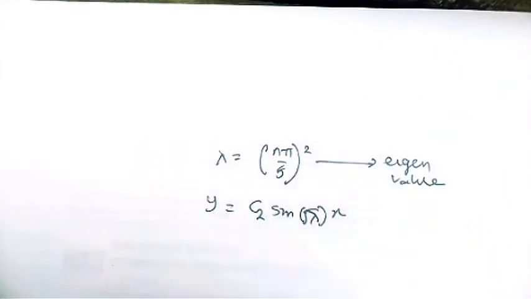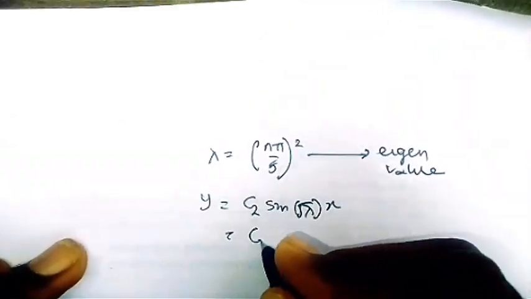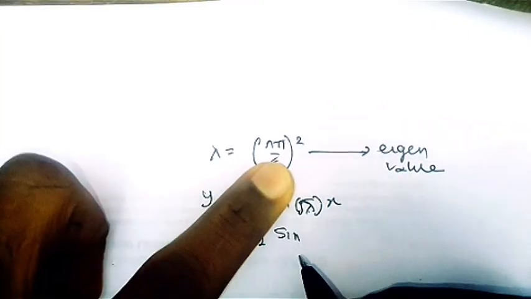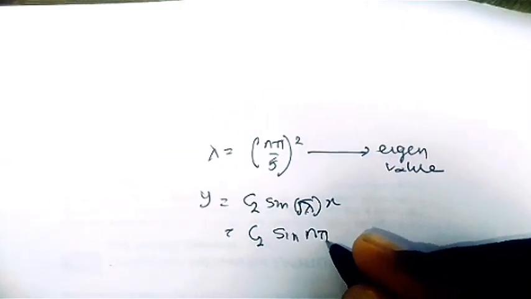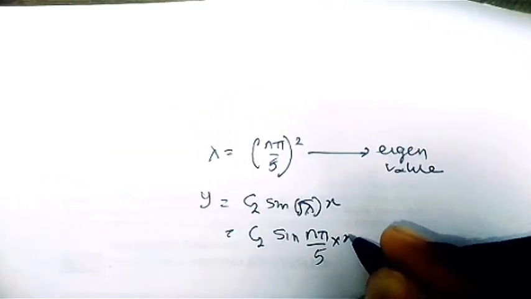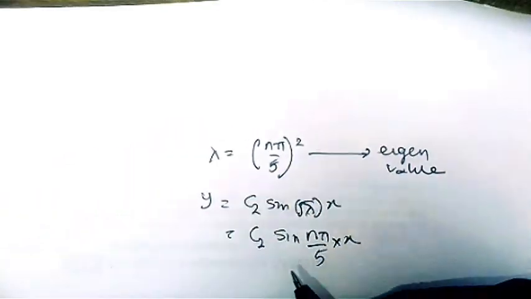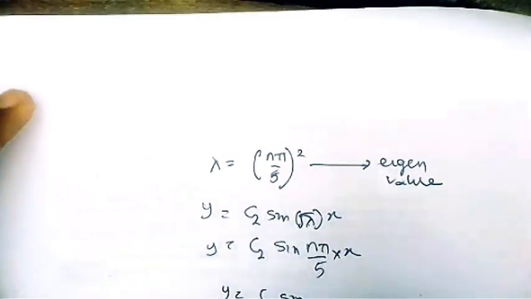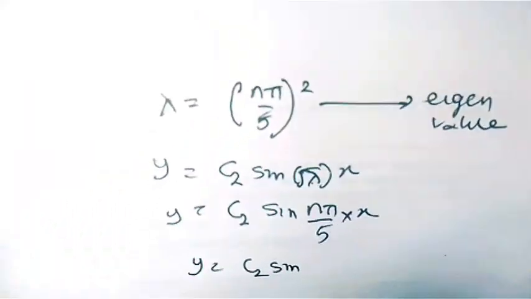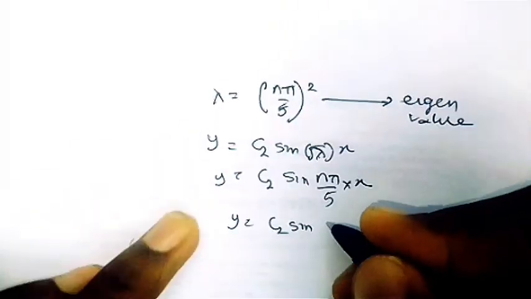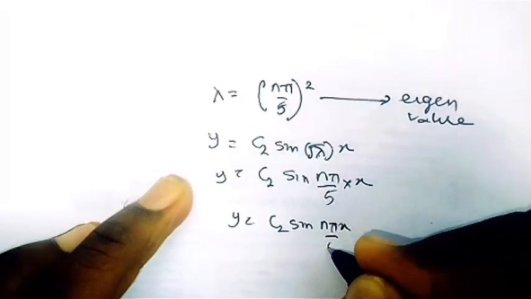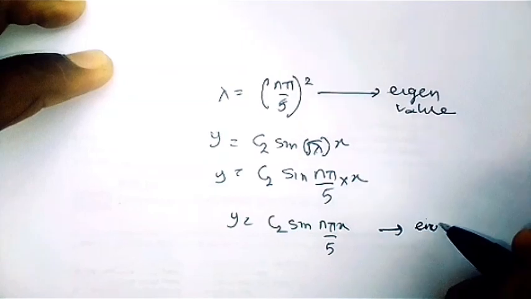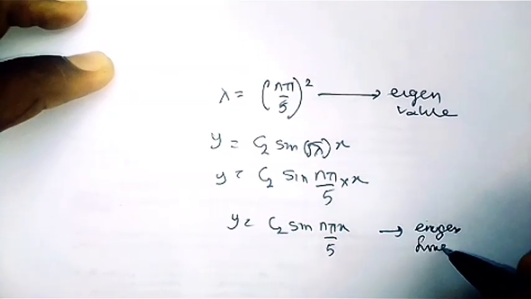So now substituting the value of lambda, we have c2 sine, and the square root of lambda gives me n pi over 5 times x, because the square root will cancel the square. So this gives me y is equal to c2 sine n pi x over 5. This right here is called my eigenfunction.